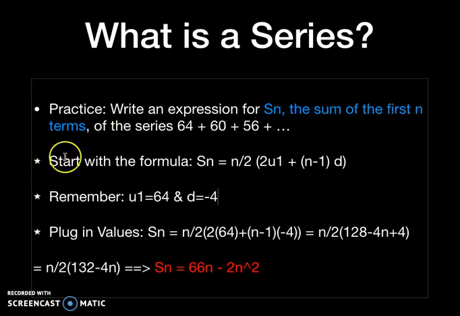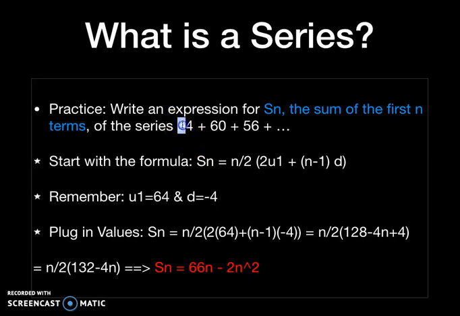So let's start with the formula. Sn equals n over 2, open parentheses, 2u1 plus, open parentheses again, n minus 1, close parentheses, d, which is the difference, close parentheses. What we'll have to do first, like we did when we were doing sequence problems, is identify our first term and our difference.